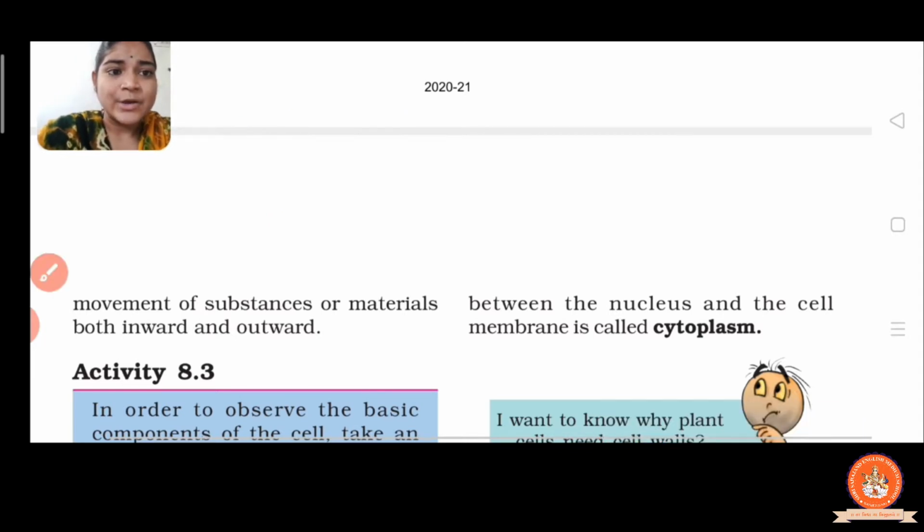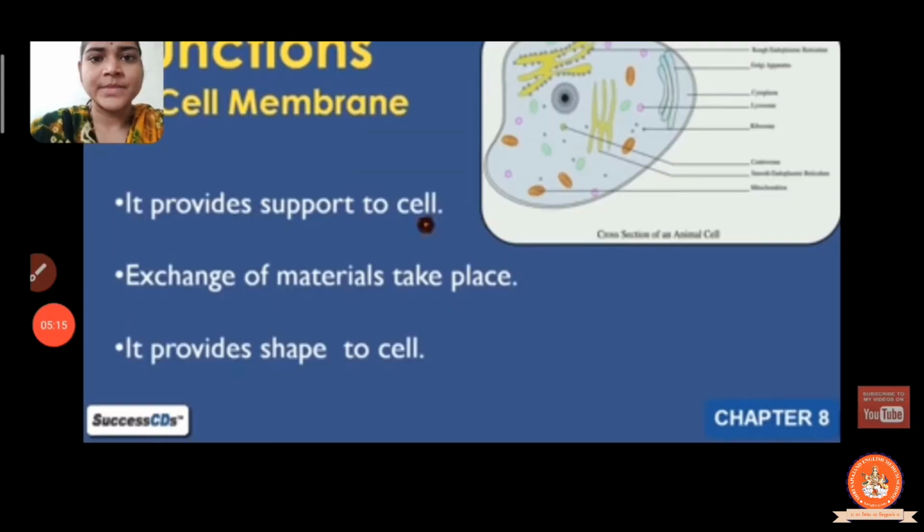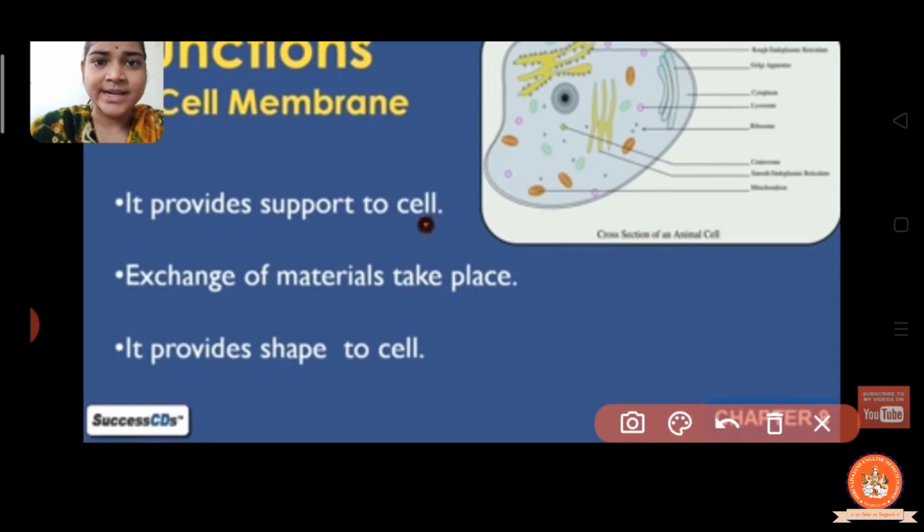Right? Now let us see the functions of the cell membrane. The first one is that it provides support to the cell. You can see in the figure the cell membrane provides support to the components of the cell.